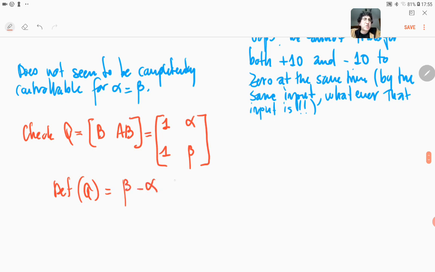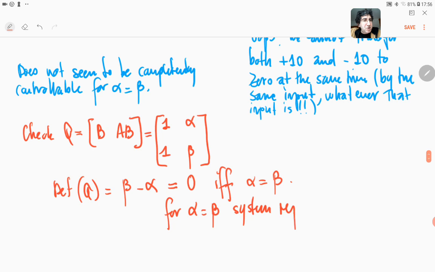So this is equal to 0 if and only if alpha is equal to beta. So that means for alpha equals beta, the system representation is not completely controllable. But for alpha different from beta, the system representation is completely controllable.